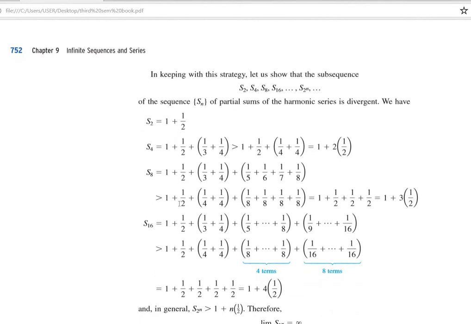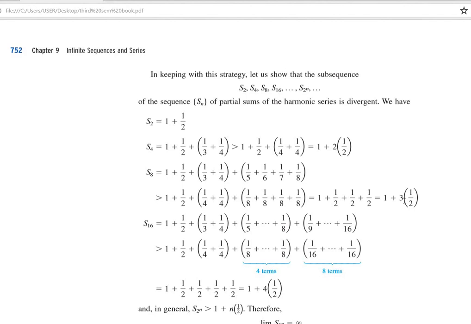S8 equal to 1 plus 1 by 2 plus 1 by 3 plus 1 by 4 plus 1 by 5 plus 1 by 6 plus 1 by 7 plus 1 by 8, which is greater than, writing these two together and the remaining four together, 1 by 3 plus 1 by 4 as in the similar case of S4, and the last four terms are each greater than 1 by 8.